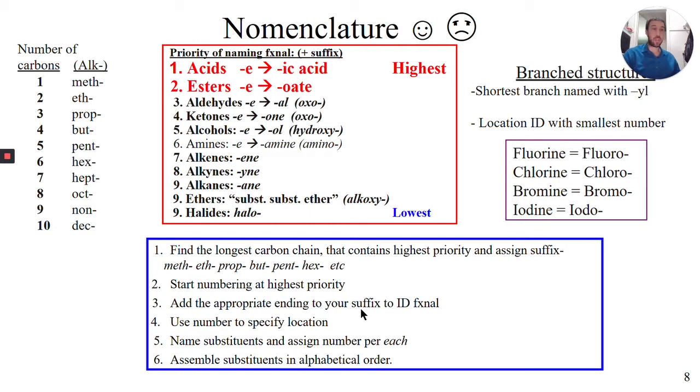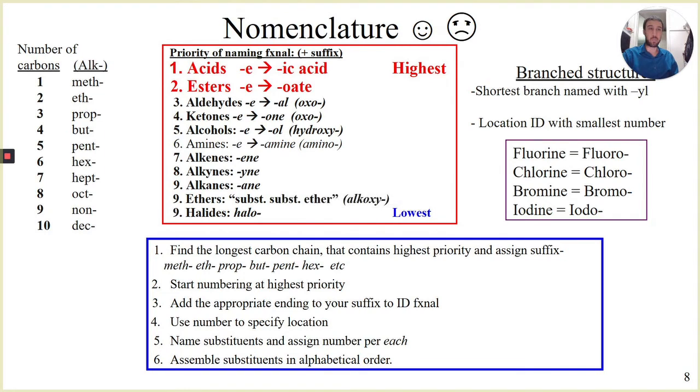One of the things that is kind of nice about naming within this unit is that we're at the top of the priority list, which means the suffix is going to either be ic acid or oate. So to give you an idea on what's going on with the origin of those, the ic acid is kind of standard.